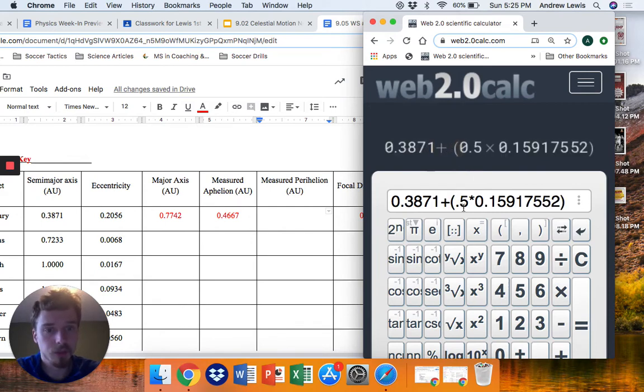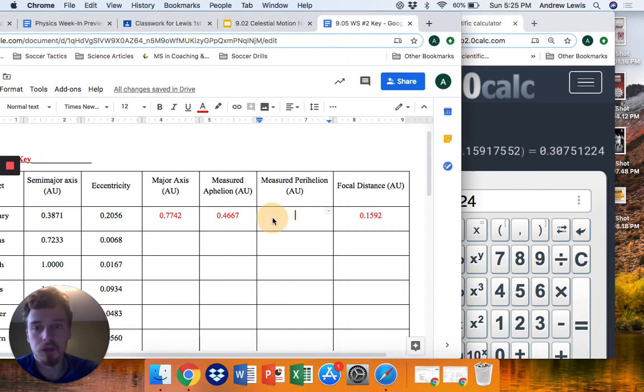So I need to subtract now my semi-major axis minus half of our focal distance. And I should get 0.3075. Now you can double check your work here, because if I add up my perihelion and aphelion, they should be my major axis, right? And it looks like they would be, or pretty close, within rounding.